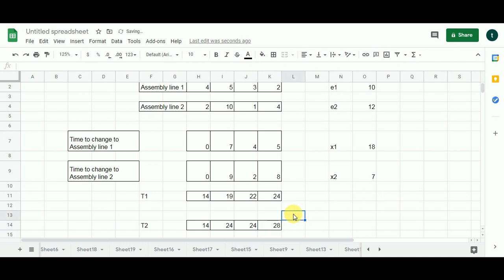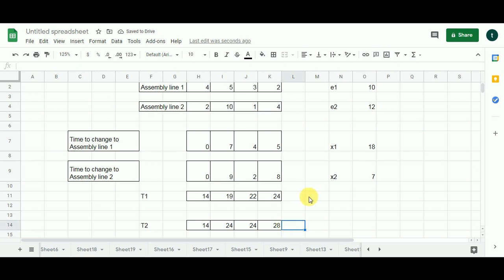Alright, when it arrives from this station of assembly line 1, then the total cost will be 22 plus 4, which is 26, plus 5, 31. So 28 is less than 31, so 28 stays and 31 is gone.